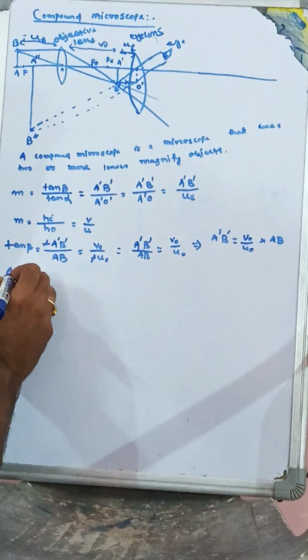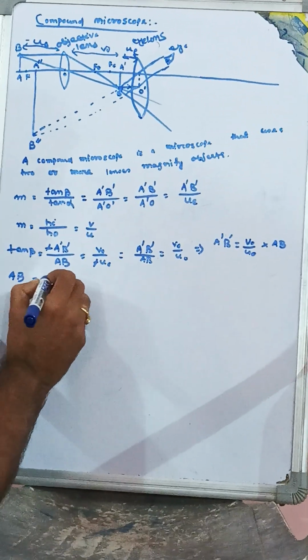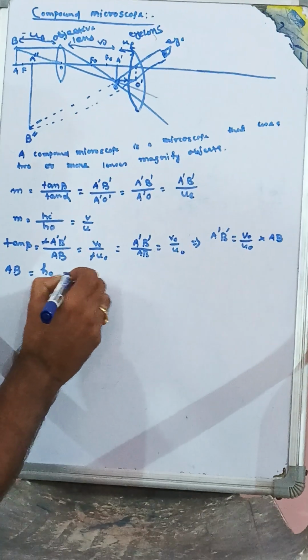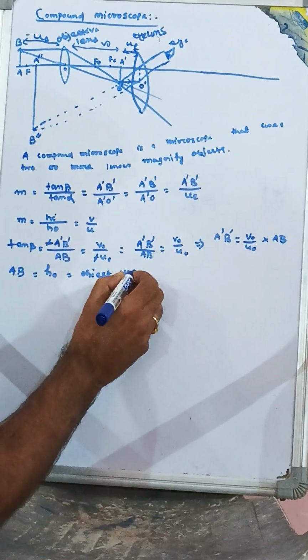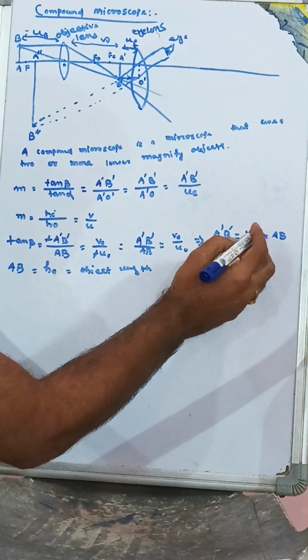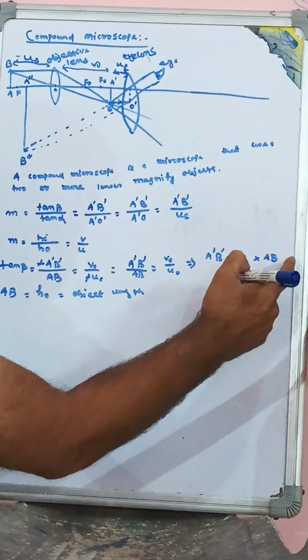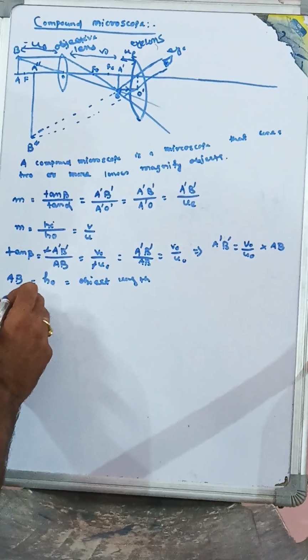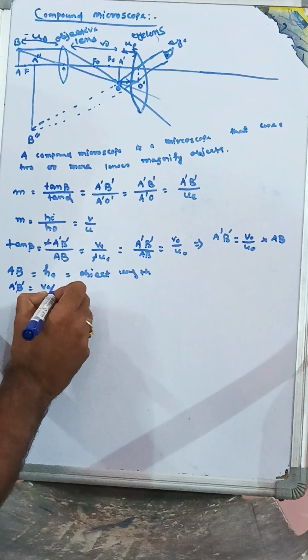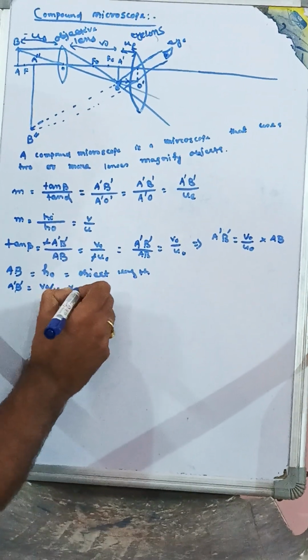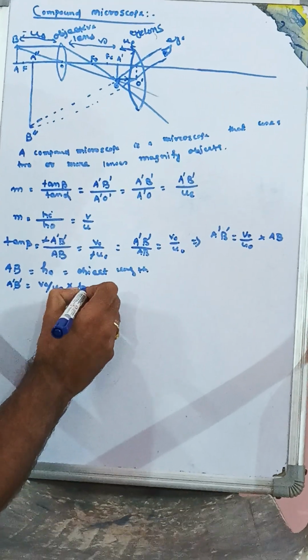We know AB is equal to h0, that is the object length. Putting the value of AB, A'B' is equal to v0 by u0 into h0.